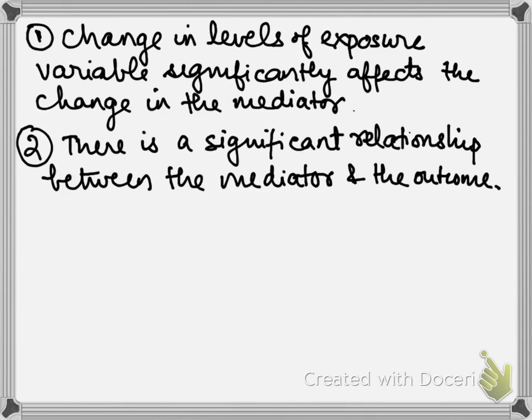When the previously defined paths are controlled, a previously significant relationship between outcome and exposure is no longer significant. That is one of the criteria too. Regardless, the two main criteria that must be satisfied are numbers 1 and 2 that I've talked about.